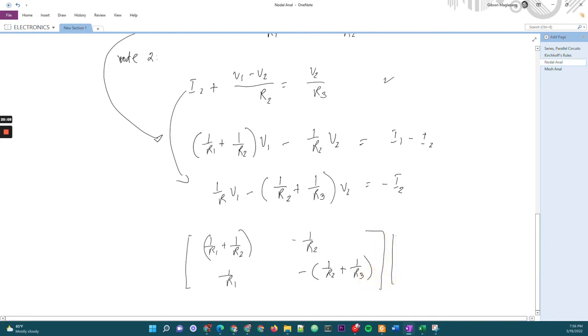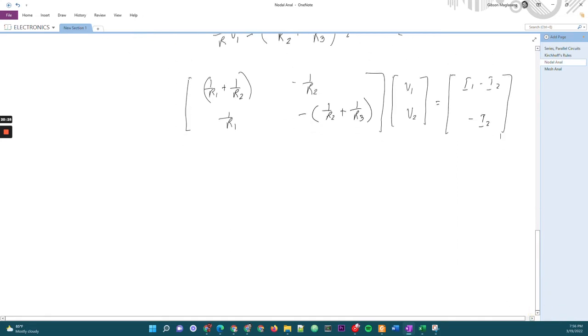This is V1, V2. Okay, it's a matrix formula. On the right hand side, we have I1 minus I2, negative I2. Okay?